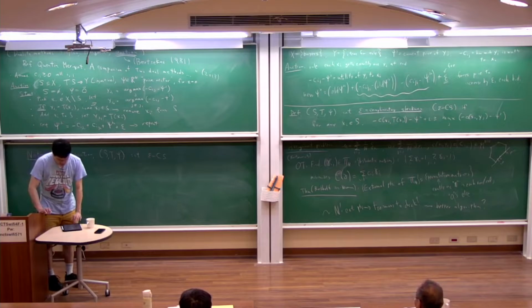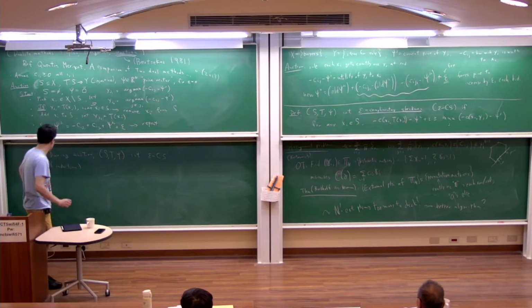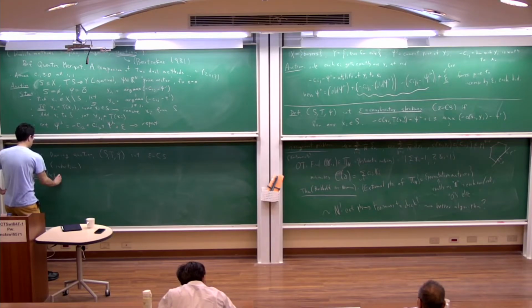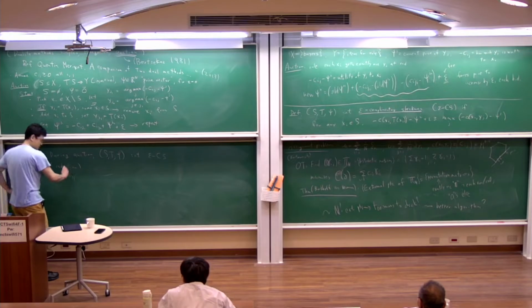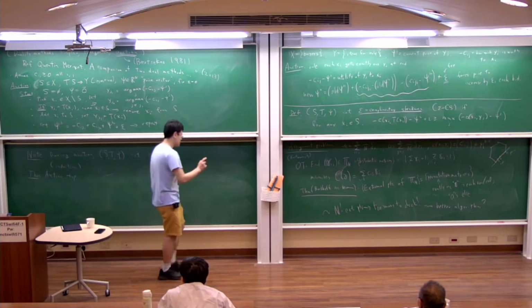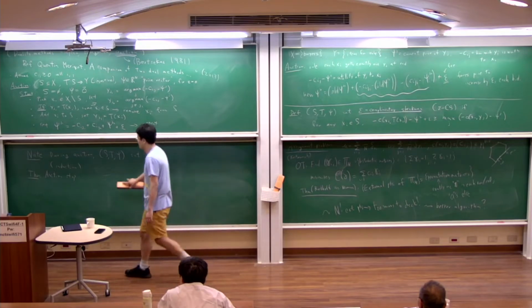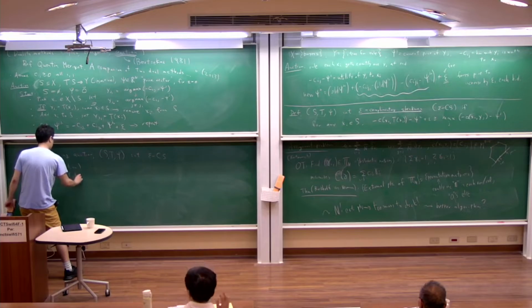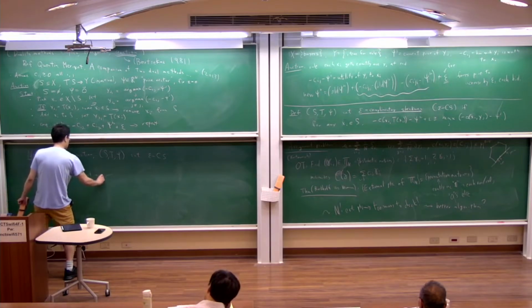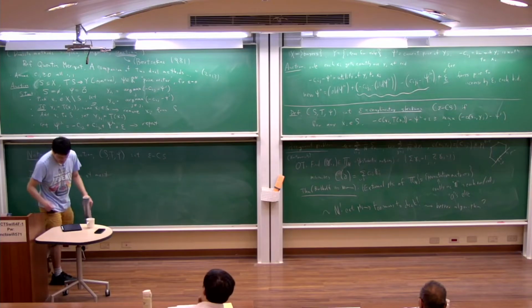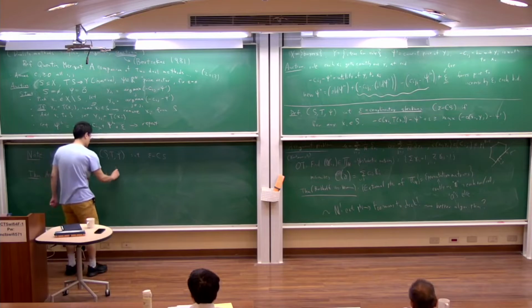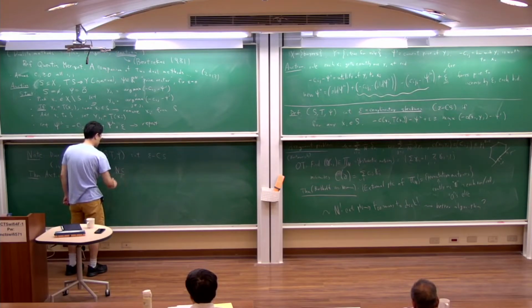But then basically, the main theorem is the following. So the auction algorithm stops, or rather, let me say, it takes at most n times c over epsilon iterations.